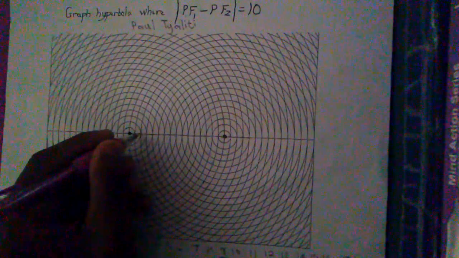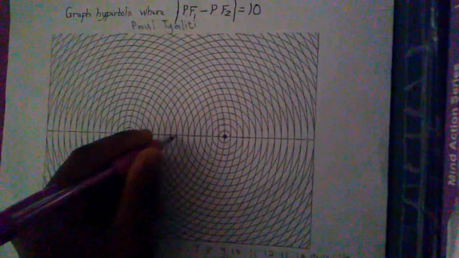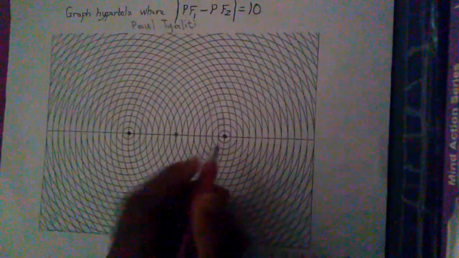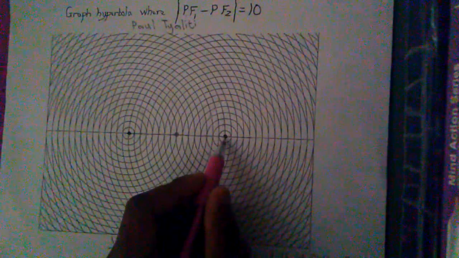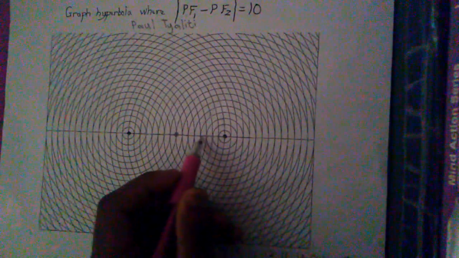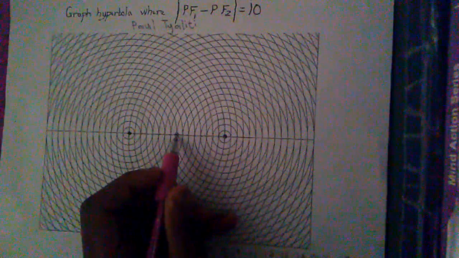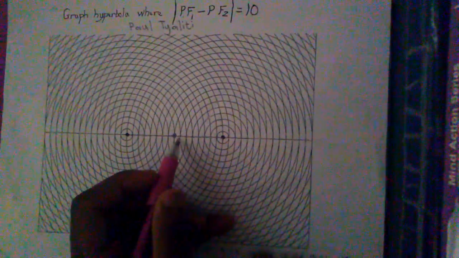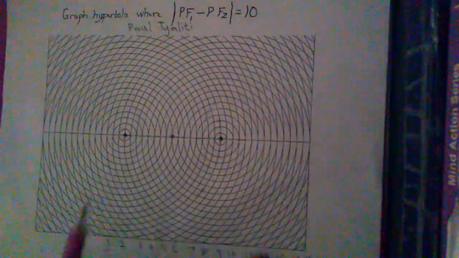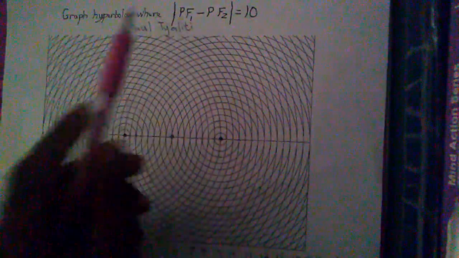It should be 1, 2, 3, 4, 5, 6, 7, 8. So from there, how many units is this foci away from this midpoint? It's 1, 2, 3, 4, 5, 6, 7, 8. So from there, we are given this condition that PF1 minus PF2, where this PF means point from foci.